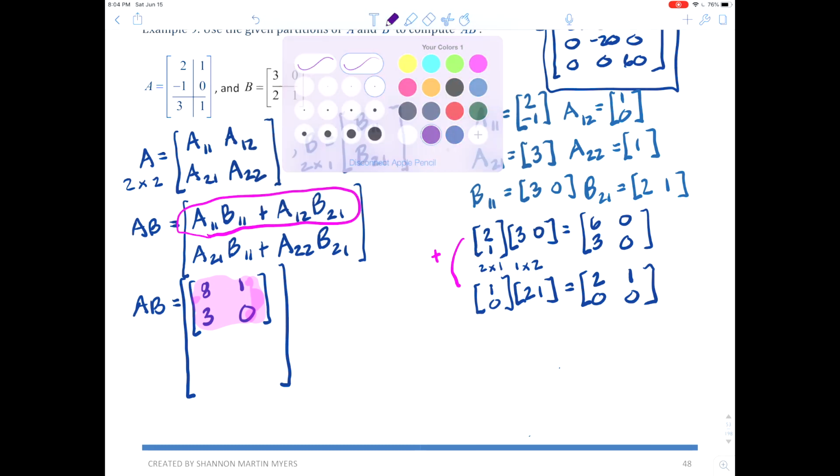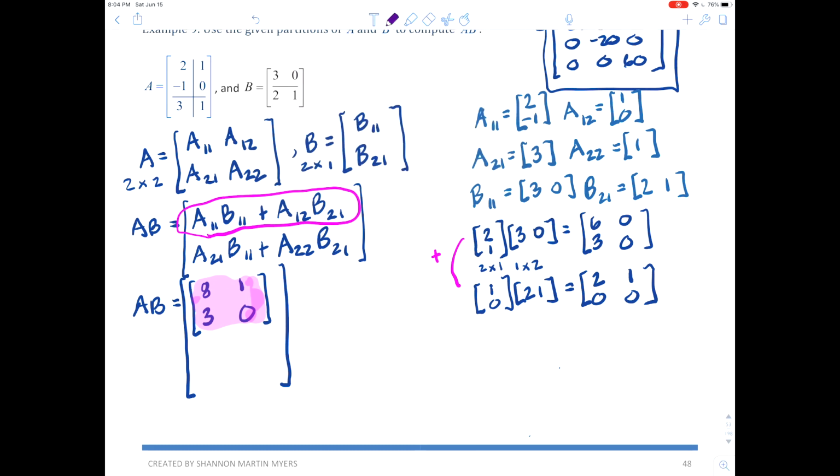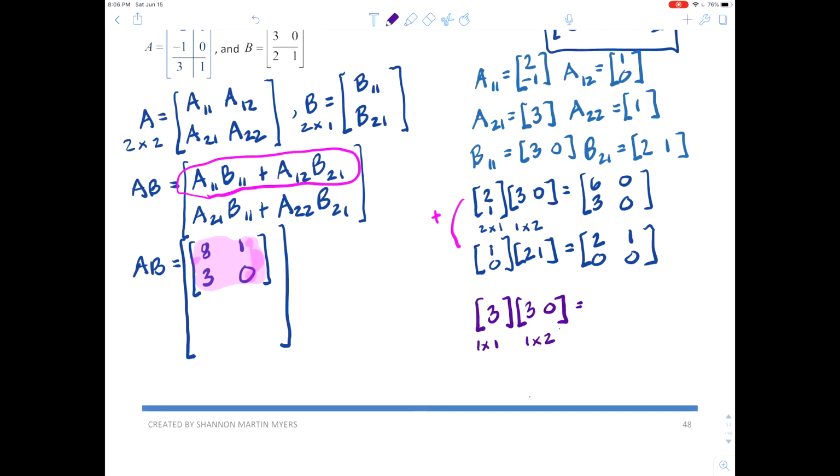We have, do that in purple, A21 times B11. So A21 was 3. B11 is 3, 0 as a row vector. And that's equal to what? We have a 1 by 1 and a 1 by 2, so we'll get a 1 by 2 out, so 1 row, 2 columns. Beautiful. 3 times 3 is 9, and then 3 times 0 is 0.